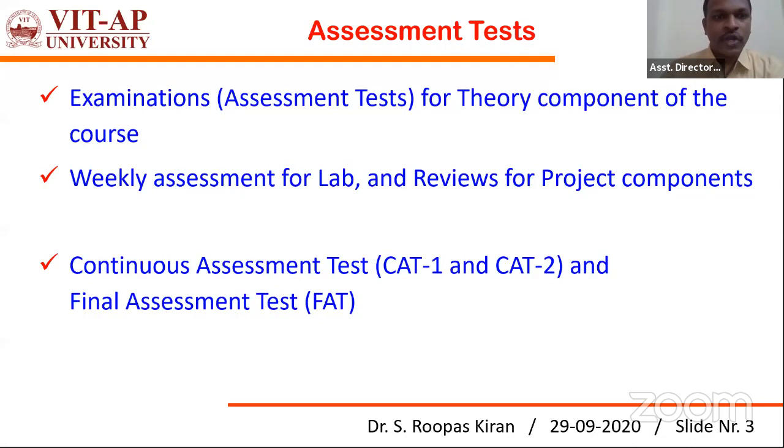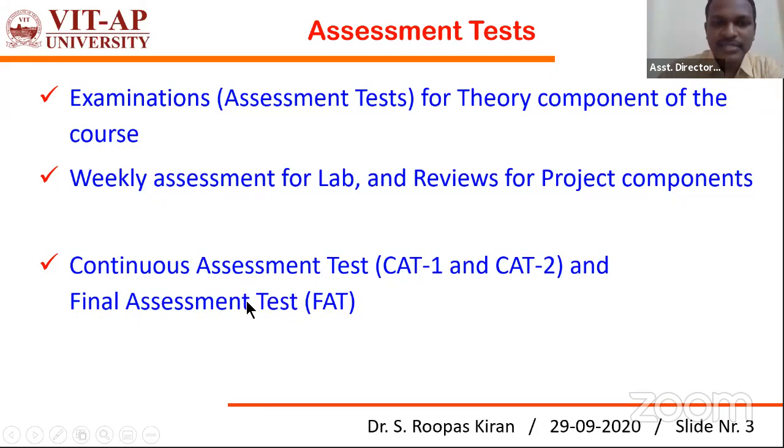So the terminology we use for these examinations is continuous assessment tests. We have a total of 3 examinations per semester: 2 continuous assessment tests, CAT 1 and CAT 2, and 1 final assessment test.